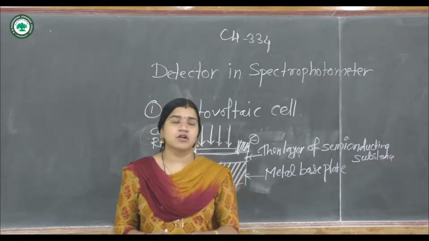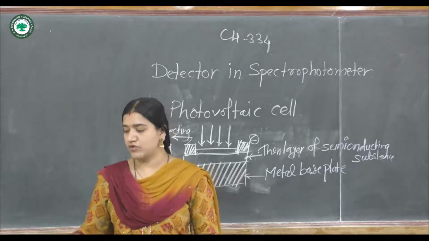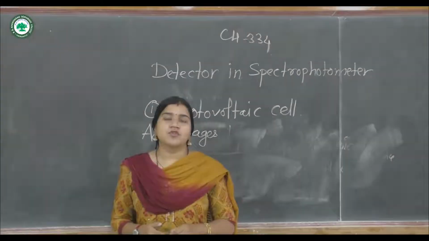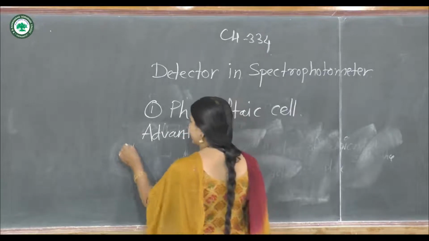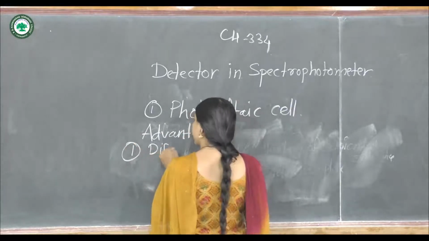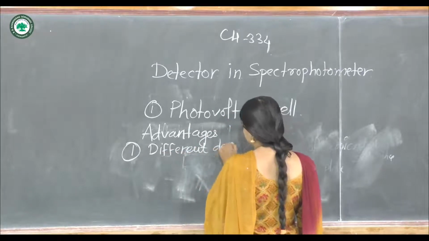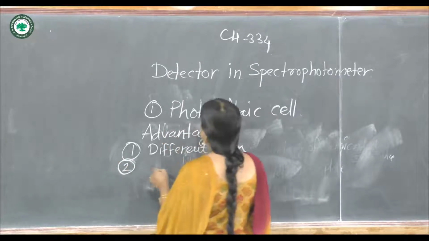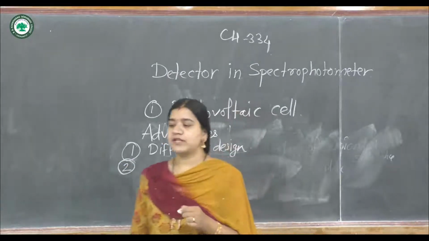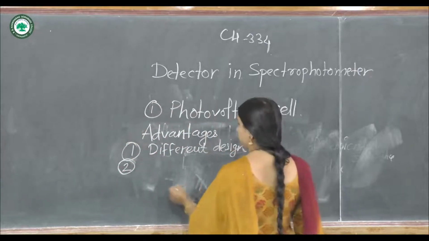Now we will see the advantages and disadvantages of using the photovoltaic cell. First, the photovoltaic cell has a completely different design. Secondly, it works on the principle of the photoemissive cell.